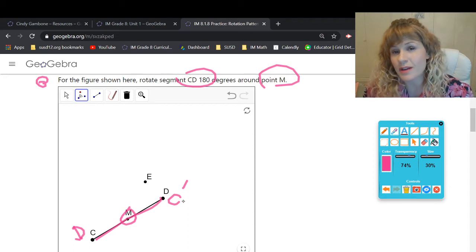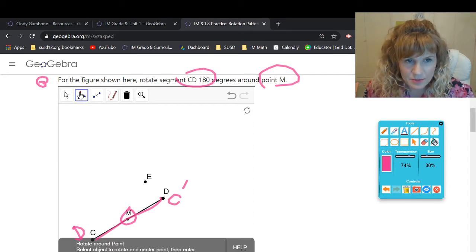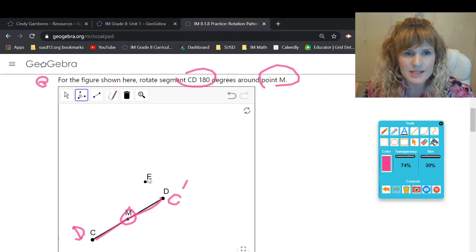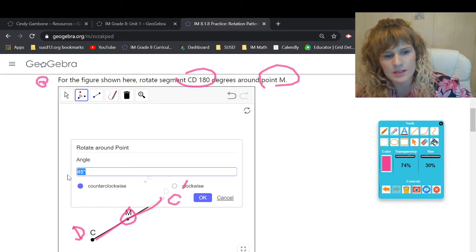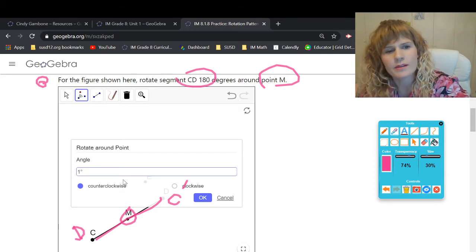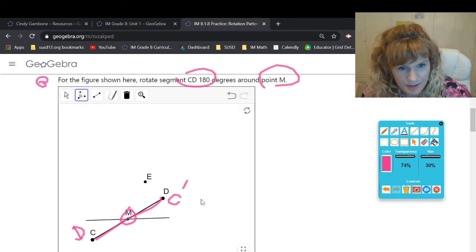Let me show you another way that could help you imagine this. All right, I'm going to click the rotate tool, click the line segment, and then click the center point. But this time I won't put 180 degrees, I'll put 170 degrees. Well, even better, 150 degrees. There it is.